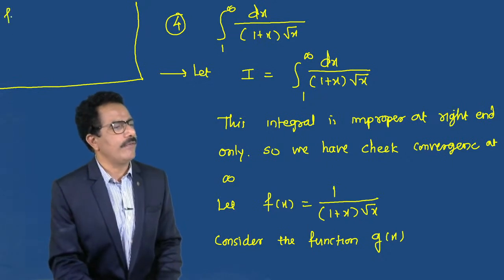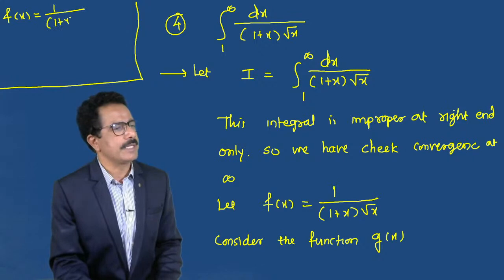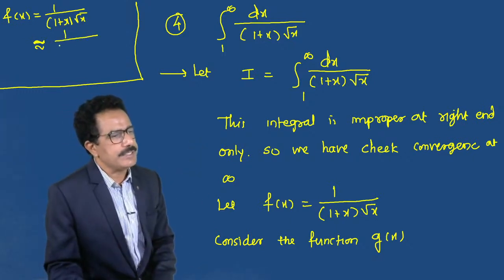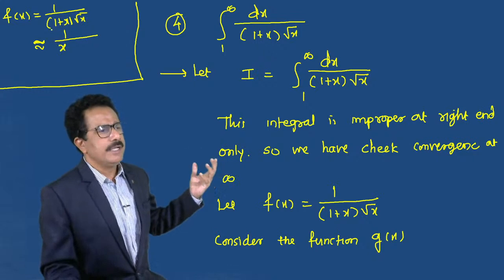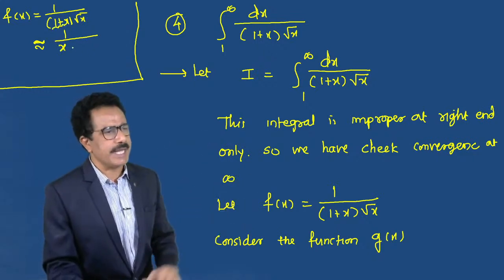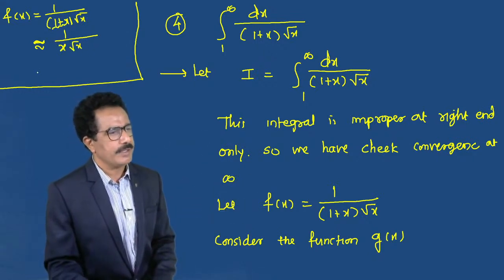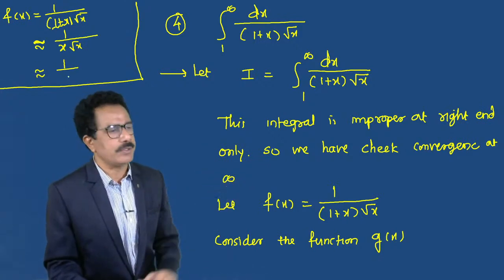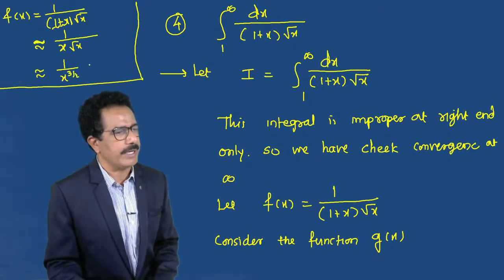Suppose f of x equals 1 upon 1 plus x into root x. So we can take an approximate function which has the same behavior. This 1 plus x is considered as x into root x, which is approximately equal to 1 upon x raised to 1 into x raised to 1 by 2, that means x raised to 3 by 2.